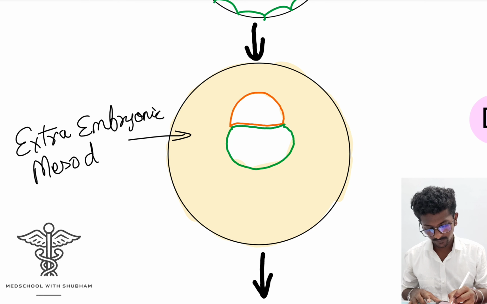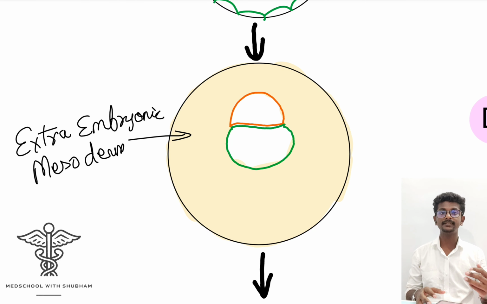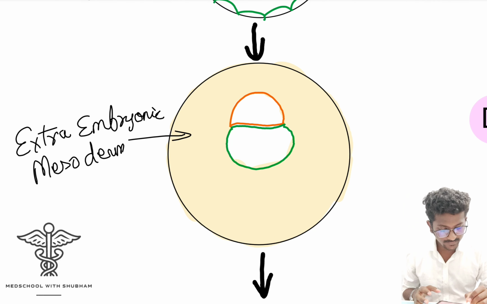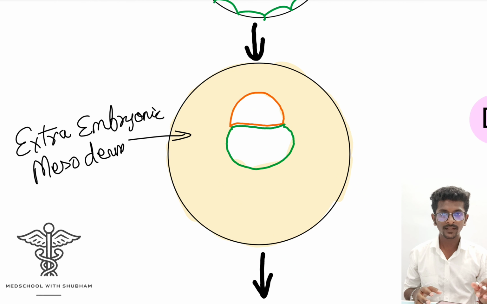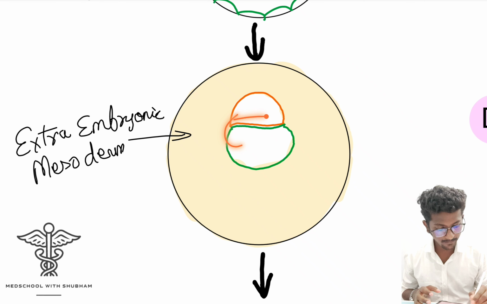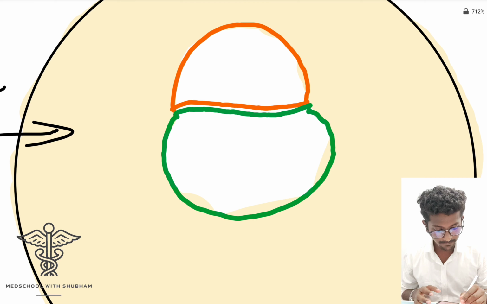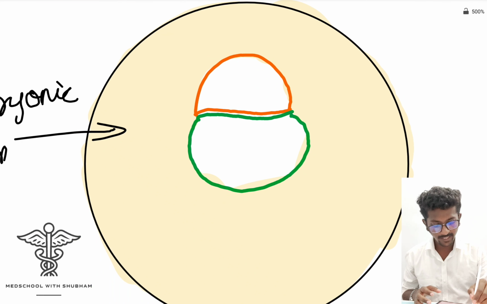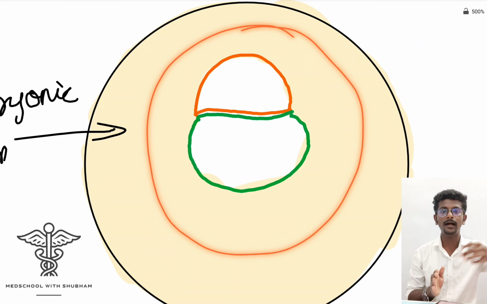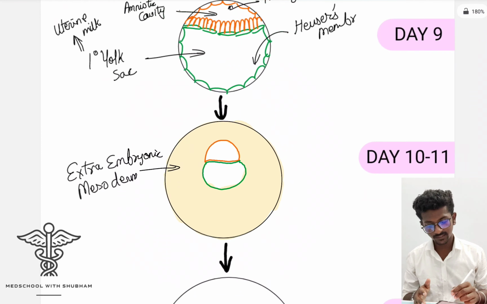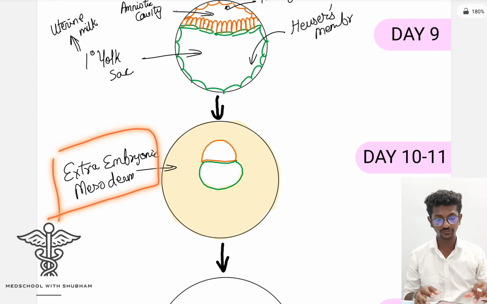I hope you understand why extra embryonic: from the epiblast and the hypoblast the baby will be formed, and everything apart from that is outside the embryo. Therefore, it is called the extra embryonic mesoderm.